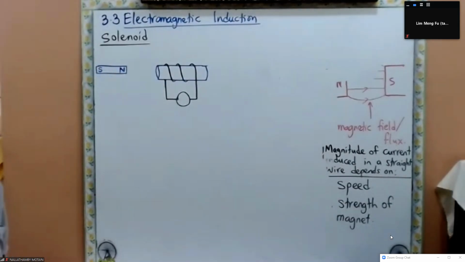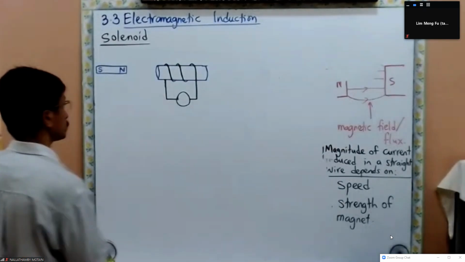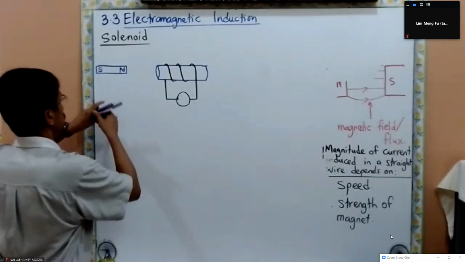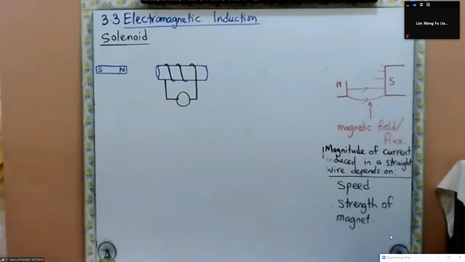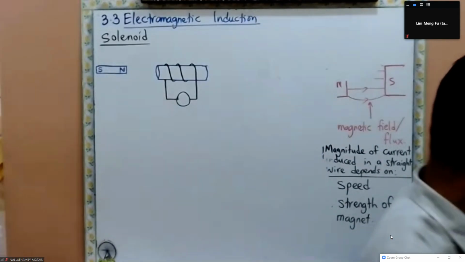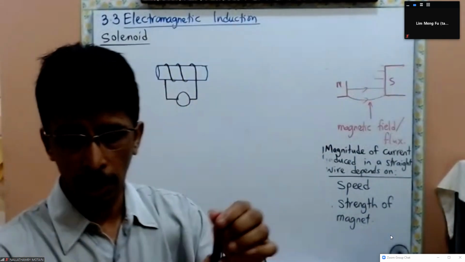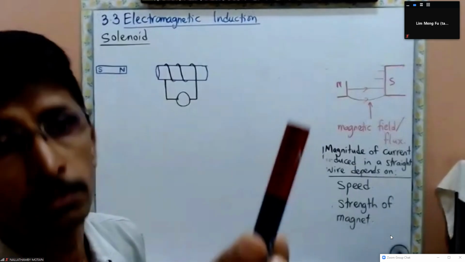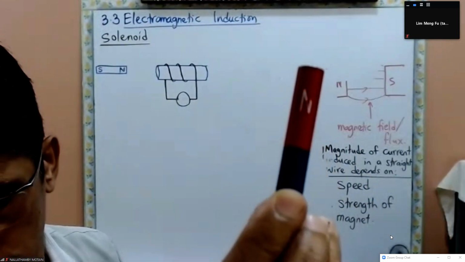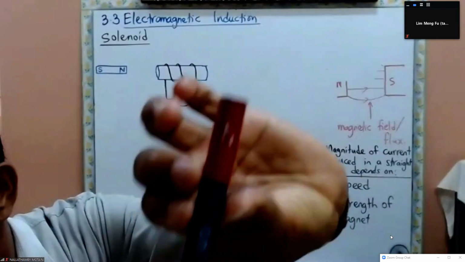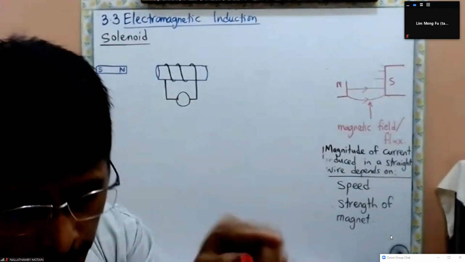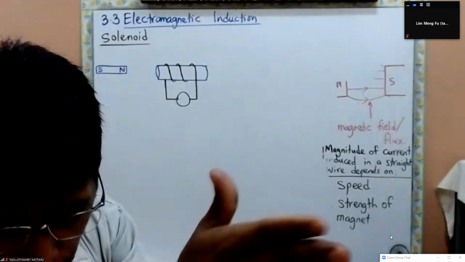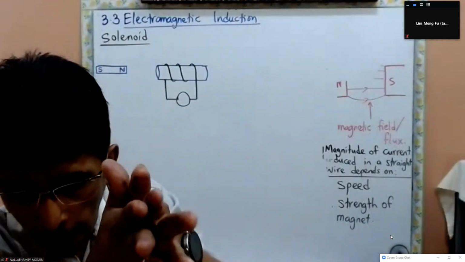So surrounding this magnet, there is a magnetic field, spread outward, right?